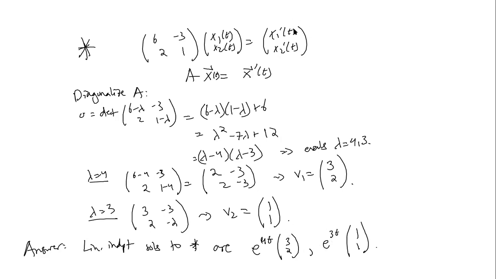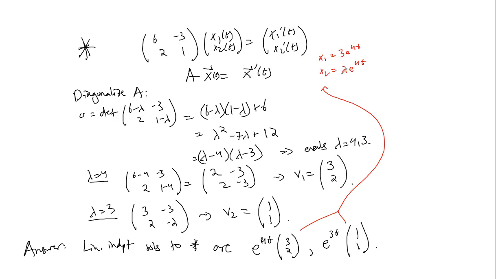What we mean by this, by the way, remember, these are vectors. What we mean by this is that a solution is a pair of functions, x1 and x2. So we mean that x1 has to equal 3e to the 4t, and x2 equals 2e to the 4t.